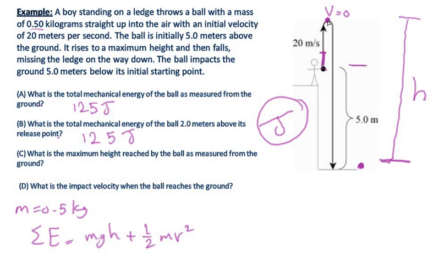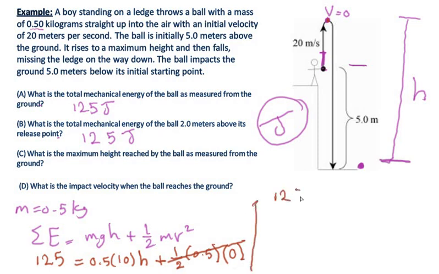Now at this point, sigma E is 125 again, because it's the same at all the points. The mass is 0.5, g is 10, the height is unknown, plus half times the mass 0.5 times the velocity at this point, which is 0. So all of this term is 0 because when you multiply 0 by any number, the result is 0.